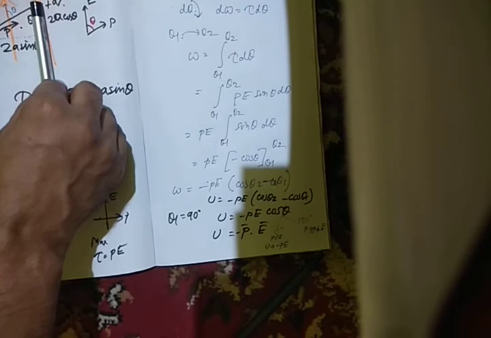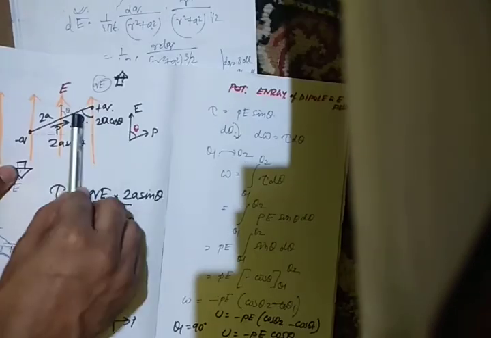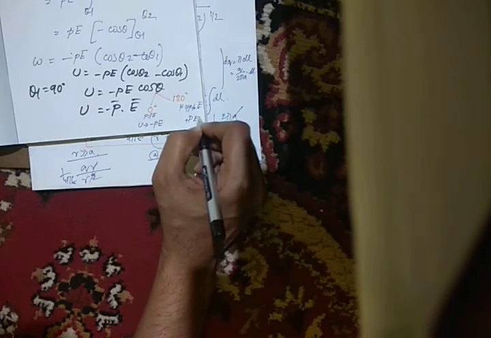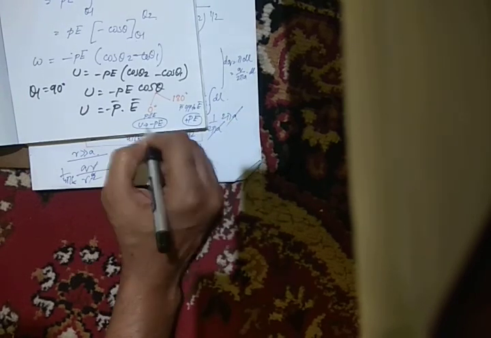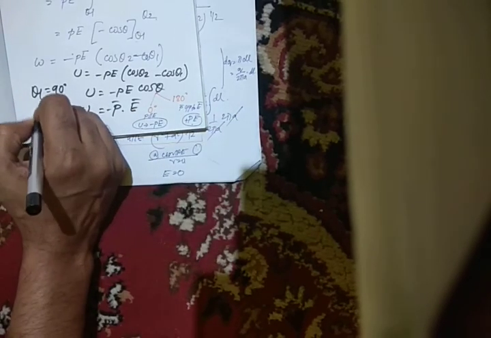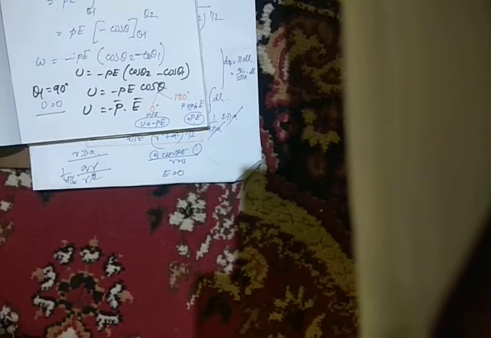And if P is aligned just opposite to E, in that case the potential energy will be maximum, which is plus PE. So it is highly stable in one case, highly unstable in the other, and at theta equal to 90 degrees, U is equal to 0. This is our actual reference.